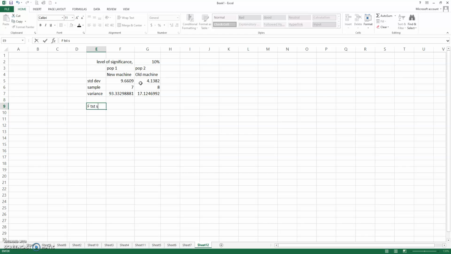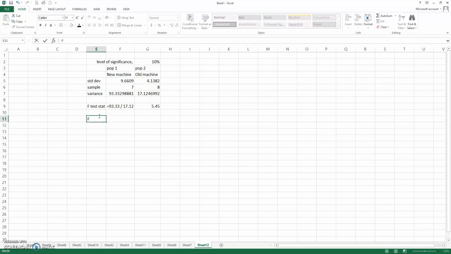The test statistic is basically taking the larger variance divided by the smaller variance. So in this case, I'll write this out here, 93.33 divided by 17.12. That is our test statistic, 5.45.